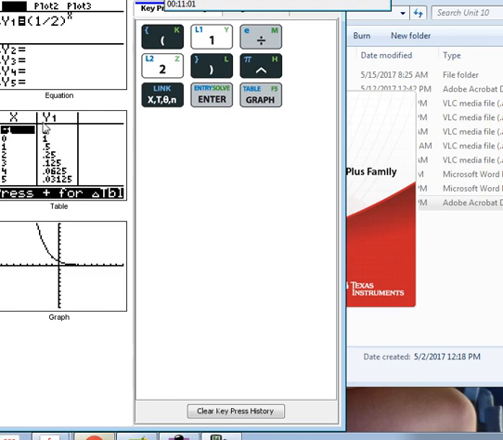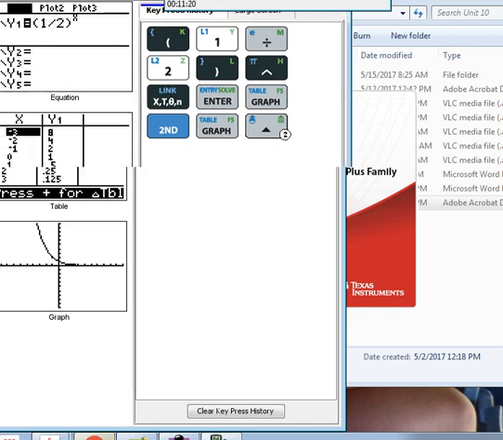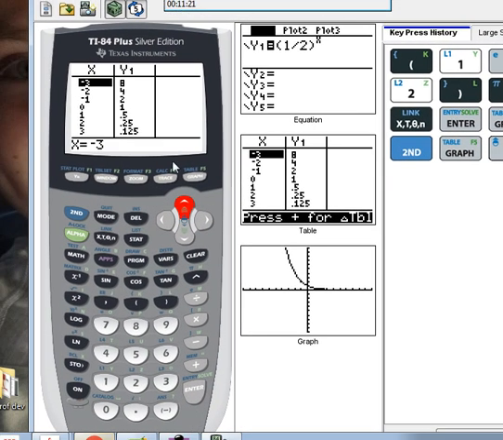And when I look at my table, I want the table from -3 to 0. So these are the values, and let me pull that over here because you can't see it. From -3 to 0: -3, 8; -2, 4; -1, 2; 0, 1.